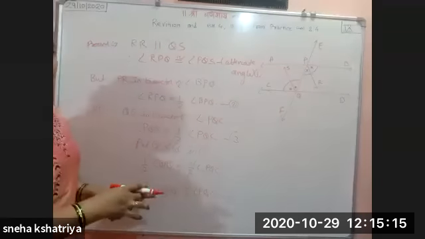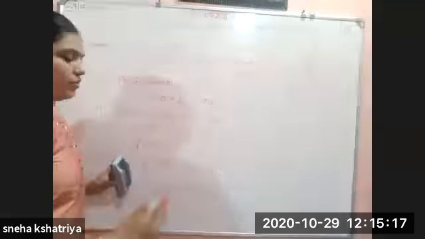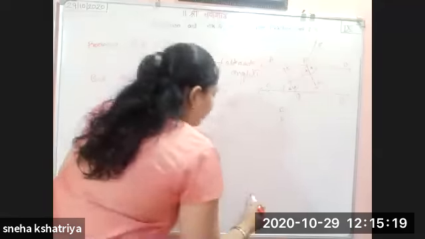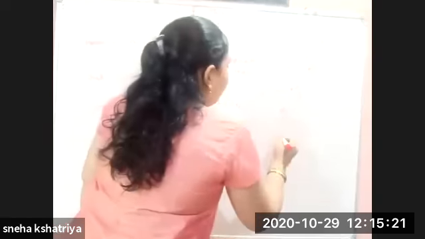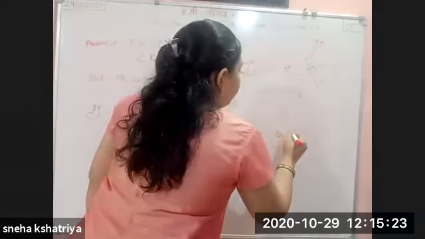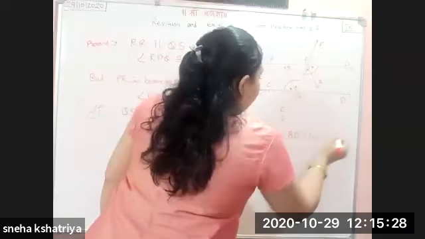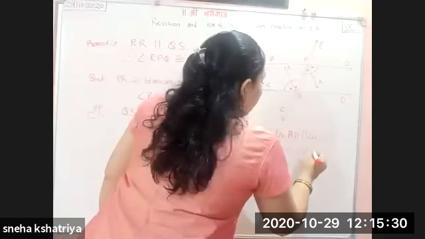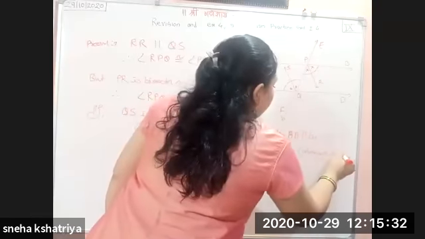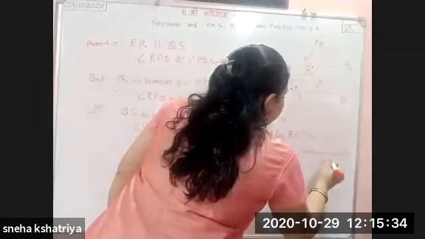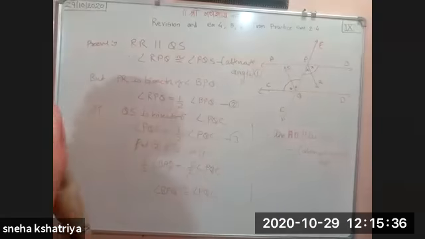The same test we used in the last example, the same test we have to use here. So we can say that line AB is parallel to line CD by the alternate angle test.